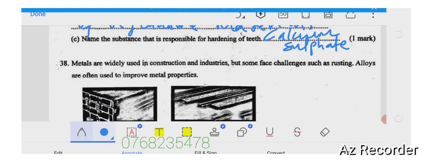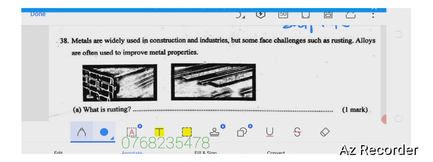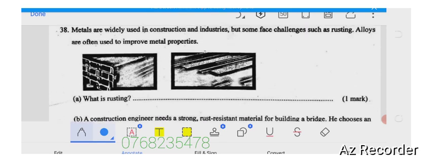Question 38. Metals are widely used in construction and industries, but some face challenges such as rusting. Alloys are often used to improve metal qualities. What is rusting?